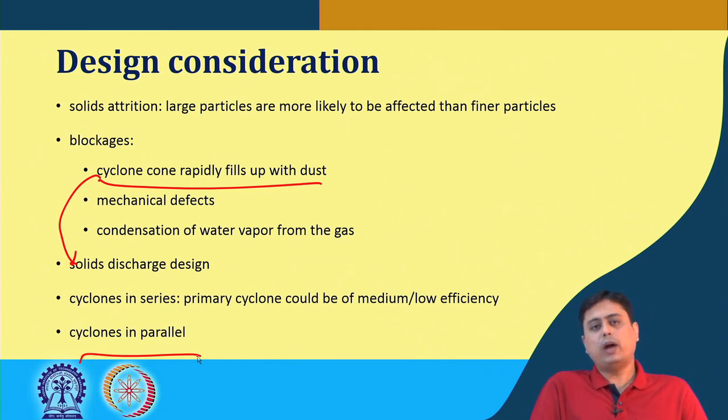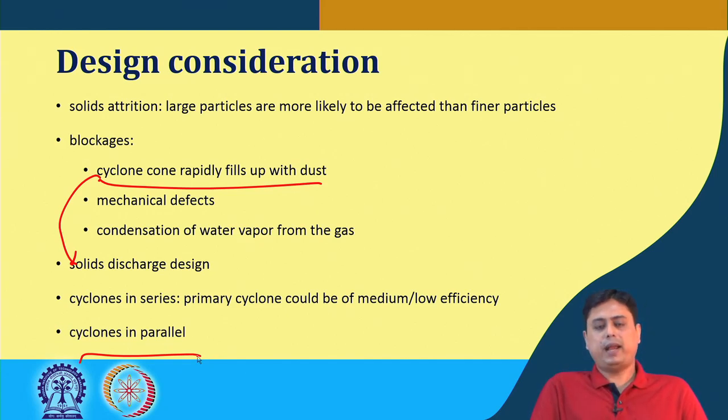It should be able to handle high throughput, and stage wise you can increase the purity of the particle laden gas in a step manner. So, the consecutive ones after the first one should be of high efficiency design, and the first one can be of high rate handling design.